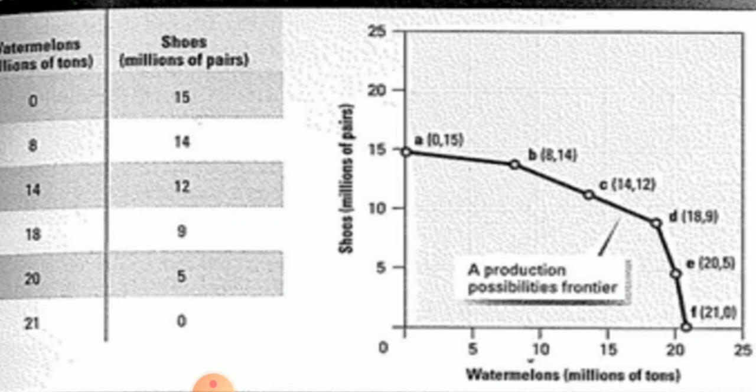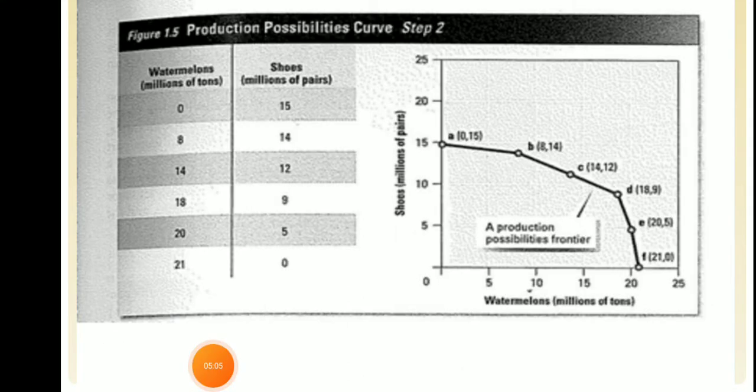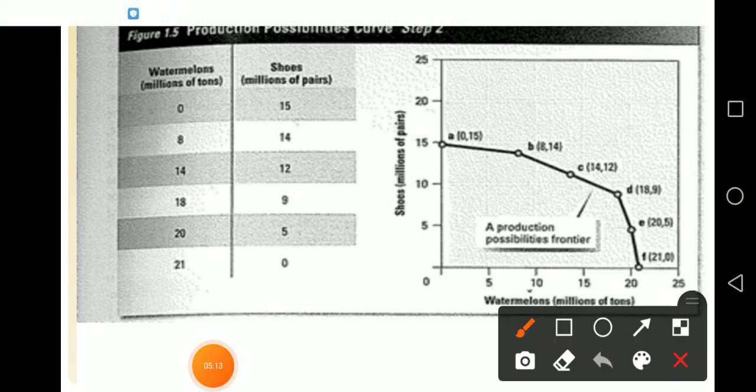So what we see here is a graph. This graph shows me whenever I produce more watermelons, what happens to the shoes? For example, at point B I have 8 million tons of watermelons, and what happens to the shoes?